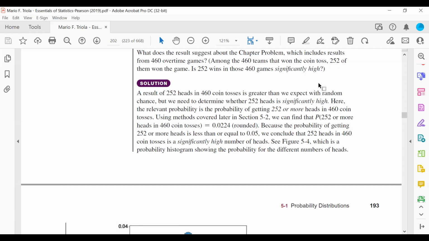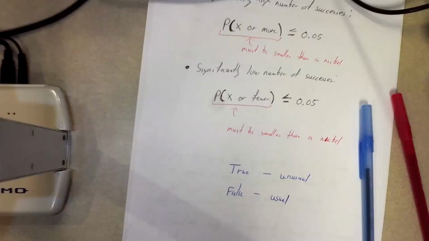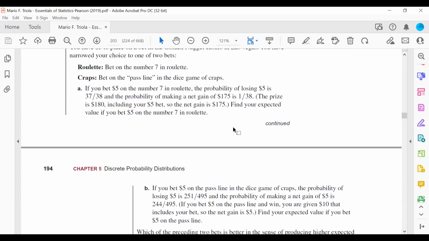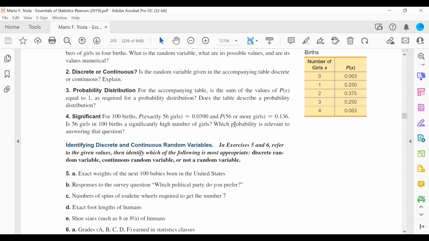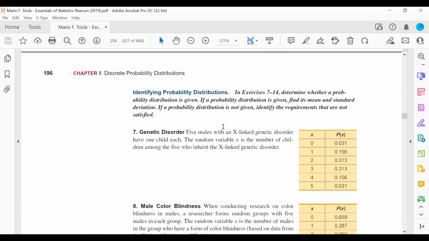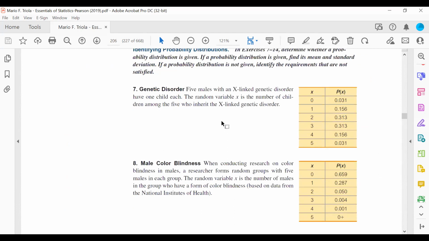All right, let me show you an example. Let's go back to the book, and I'm going to show you the setup. Before we show you how to use the formula, we're going to do an example so you can understand the concepts.